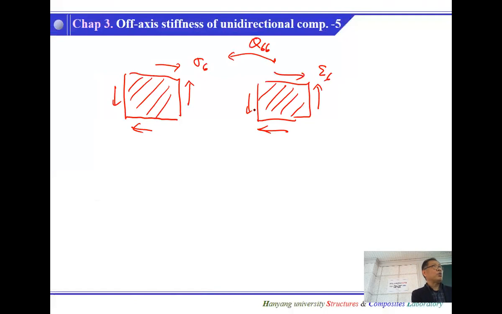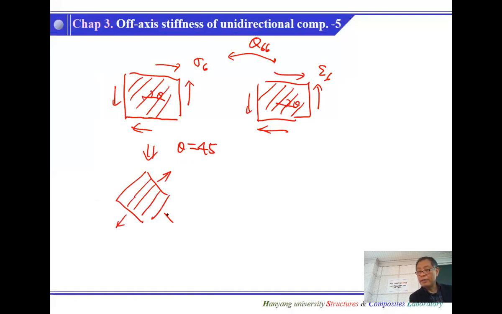Now, why does Q66 reach a maximum at theta equal 45? Well, say theta equal 45, okay, this is a very important observation. At theta equal 45, pure shear is the same as the tension and compression.